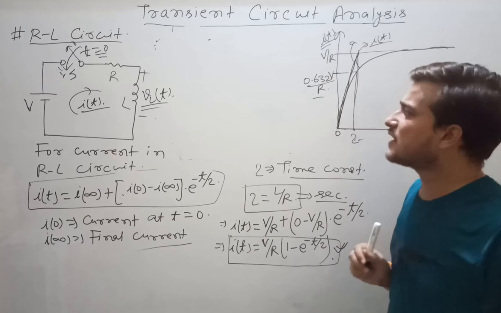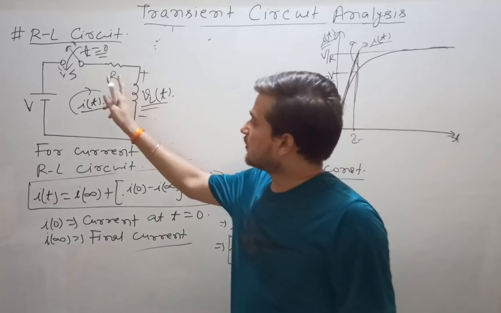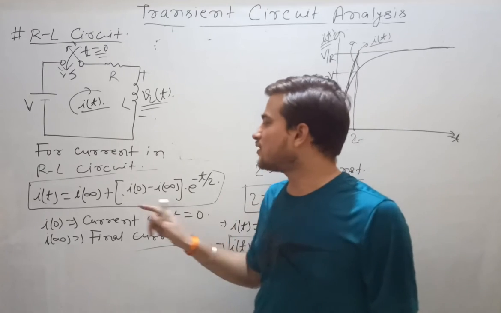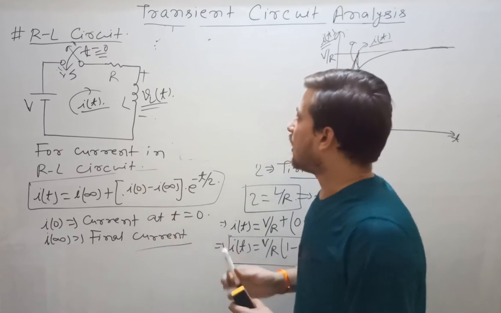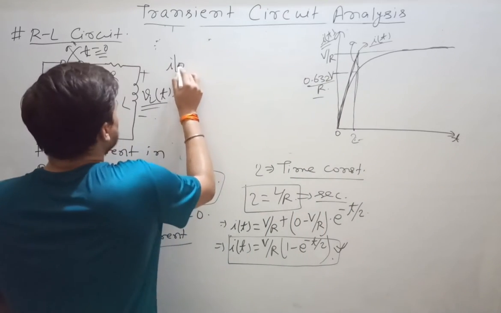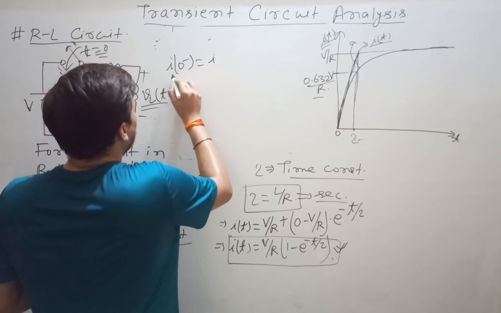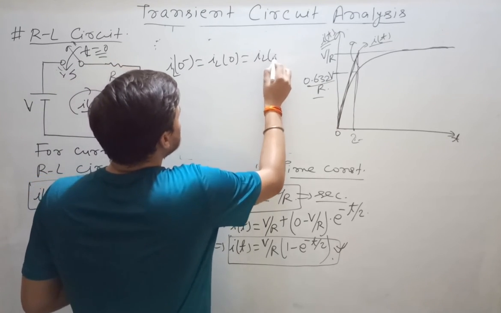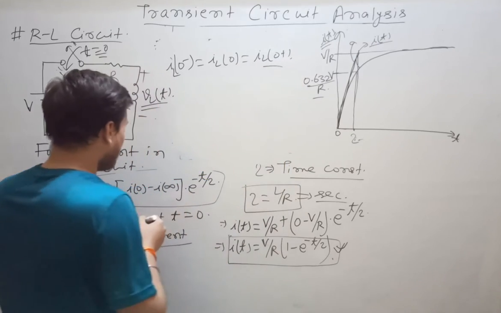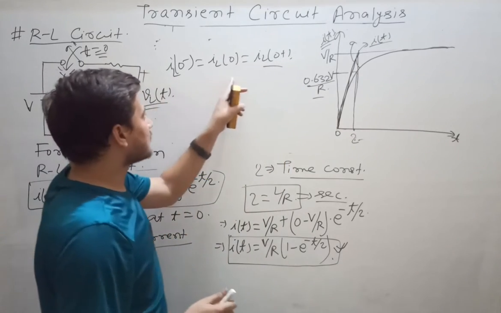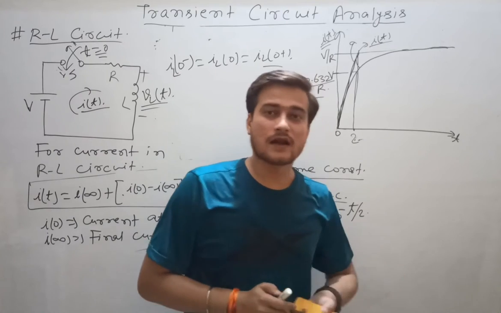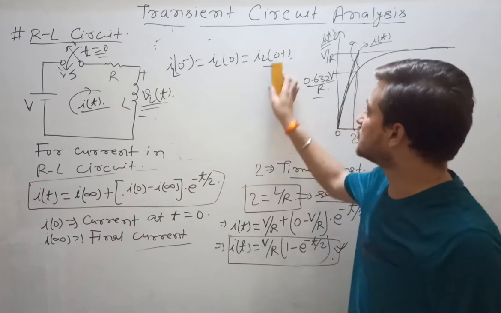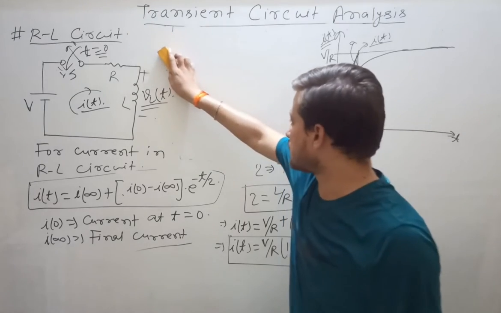The reason is the inductor does not allow a sudden change in current. That's why you can write I_L(0 minus) equal to I_L(0 plus). But you cannot write this for voltage. The inductor allows a sudden change in voltage, so this formula is not defined for voltage across the inductor.